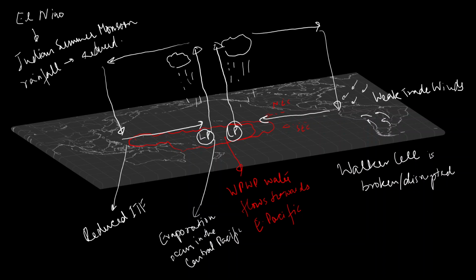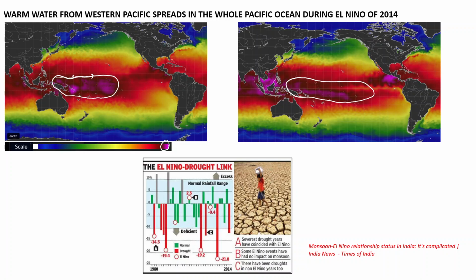So the Walker cell gets disrupted, and therefore the Southeast Indian Ocean will not receive the requisite amount of heat which it was receiving in the case of La Nina. So it has to reduce the moisture content of the wind, and of course the Indian summer monsoon will be reduced.